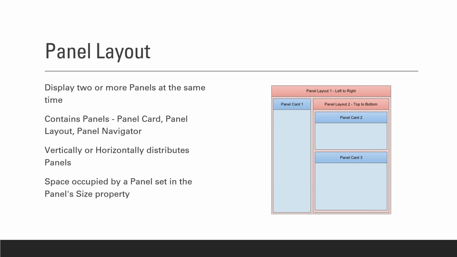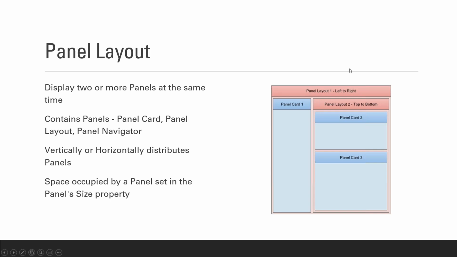So they support nesting. And the space occupied by the things within the panel layout is actually determined by the objects themselves. Every panel layout, panel card, and panel navigator placed within a panel layout has a size property that's exposed, and that size property can be used to say how much of the width or the height, depending on the type of layout you have, that panel occupies.